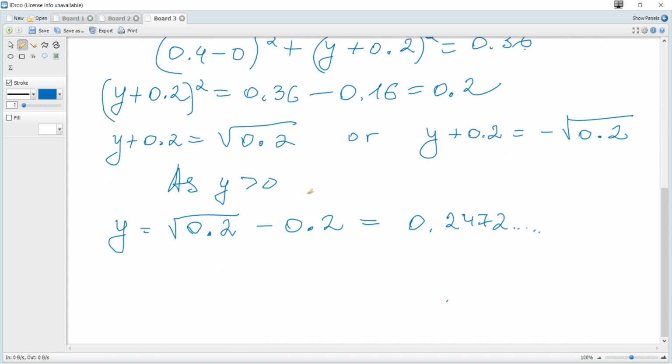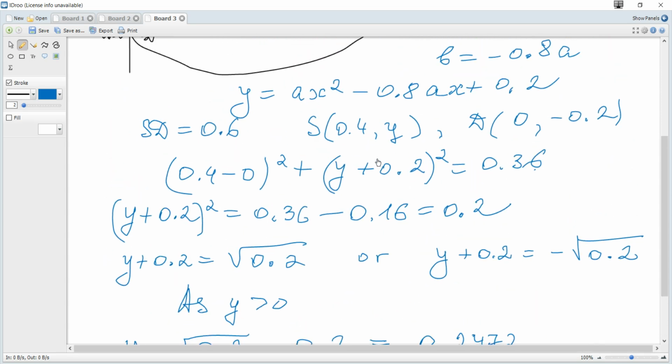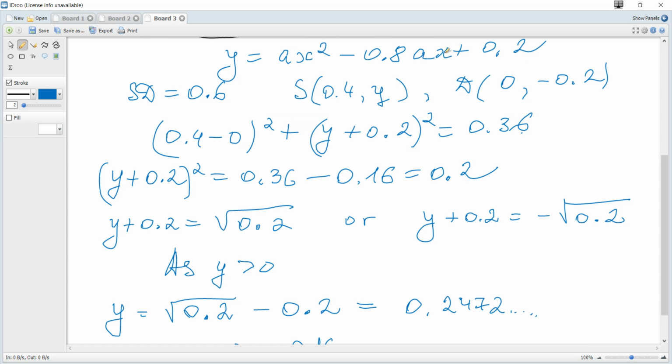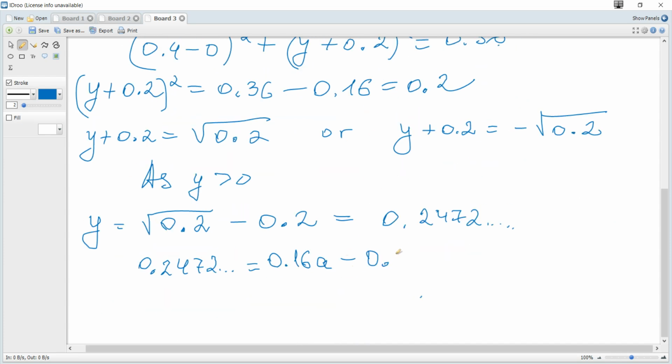Since S belongs to this curve, we can substitute for x and for y to get that this 0.2472 and so on is equal to ax squared. It's 0.4 squared, which is 0.16, minus 0.8 times 0.4, which is 0.32a, plus 0.2, and you can see that it becomes negative 0.16a plus 0.2.